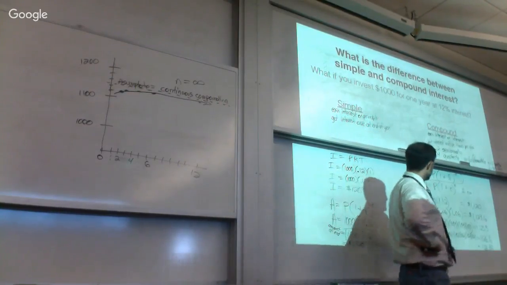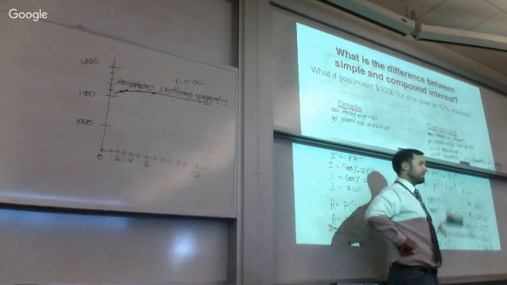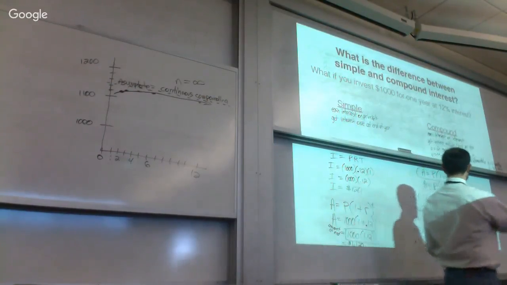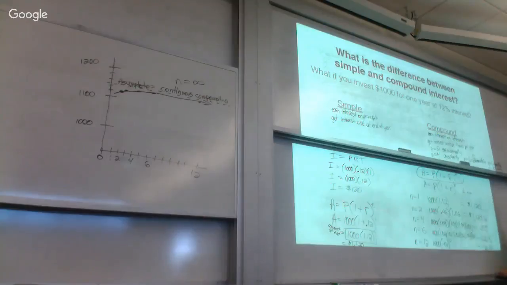And so the last thing I'd like to do is just show you that the formula really does match. So for instance, if I write down the compounded formula for n equals 2, that would be 1,000 times 1 plus 0.12 divided by 2 to the power of 2 times 1, which is 2.